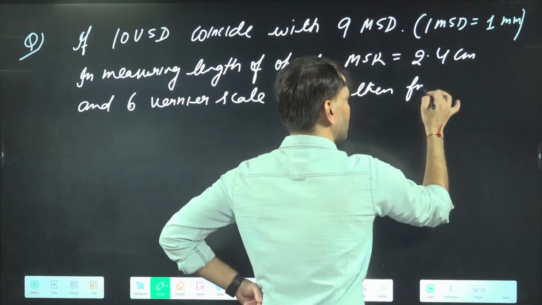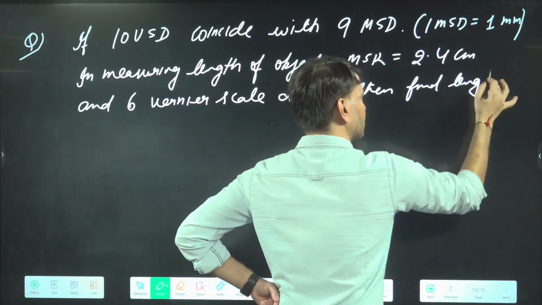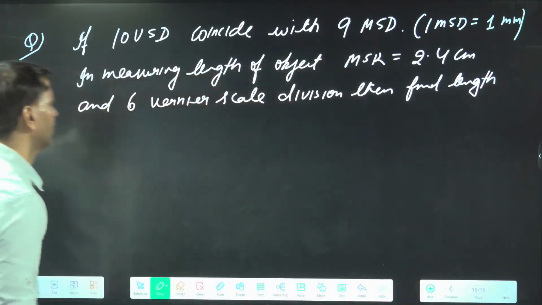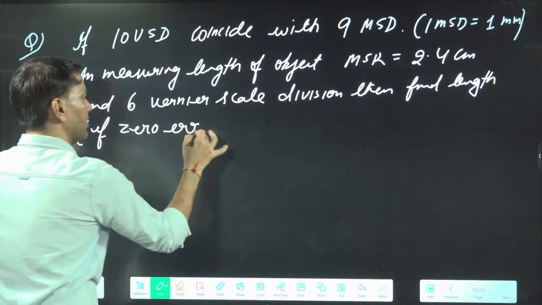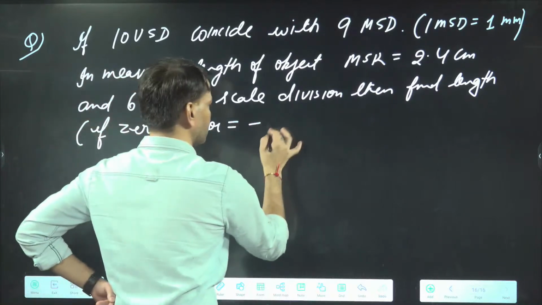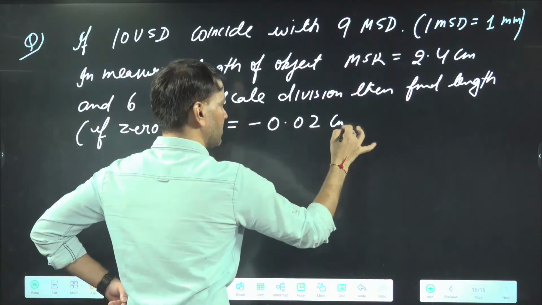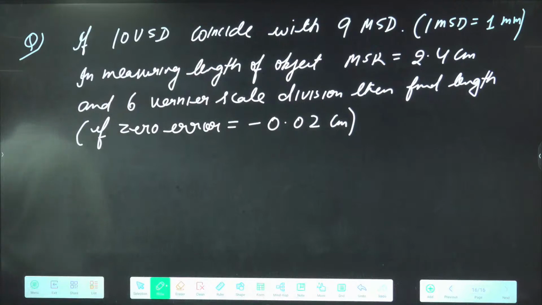Then find the length, if zero error is equal to minus 0.02 centimeter.